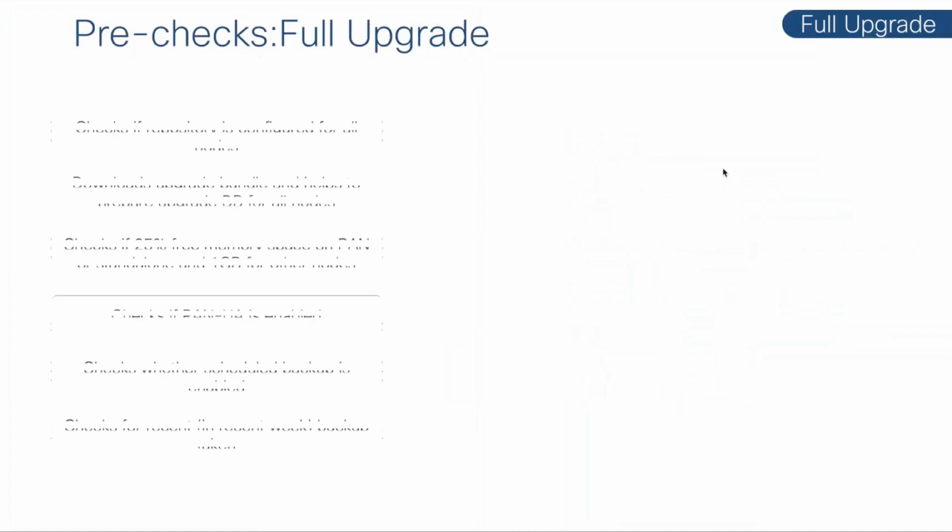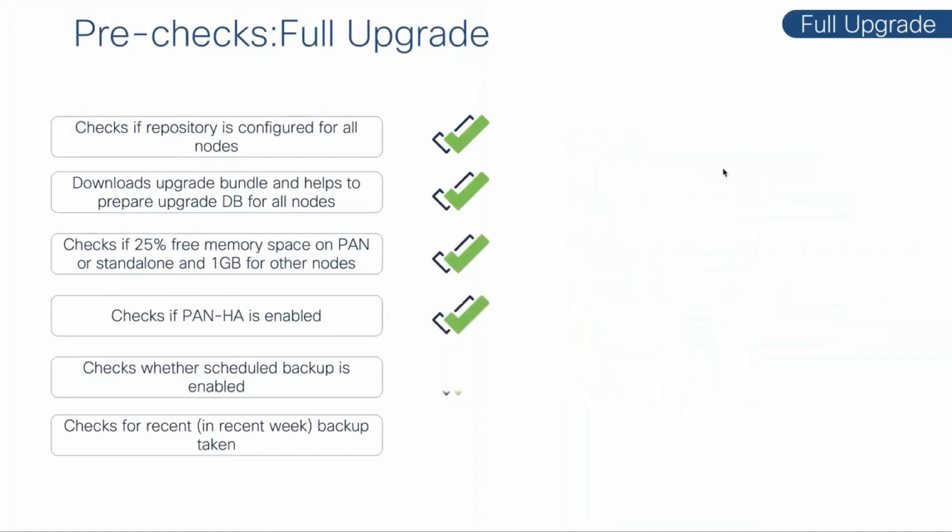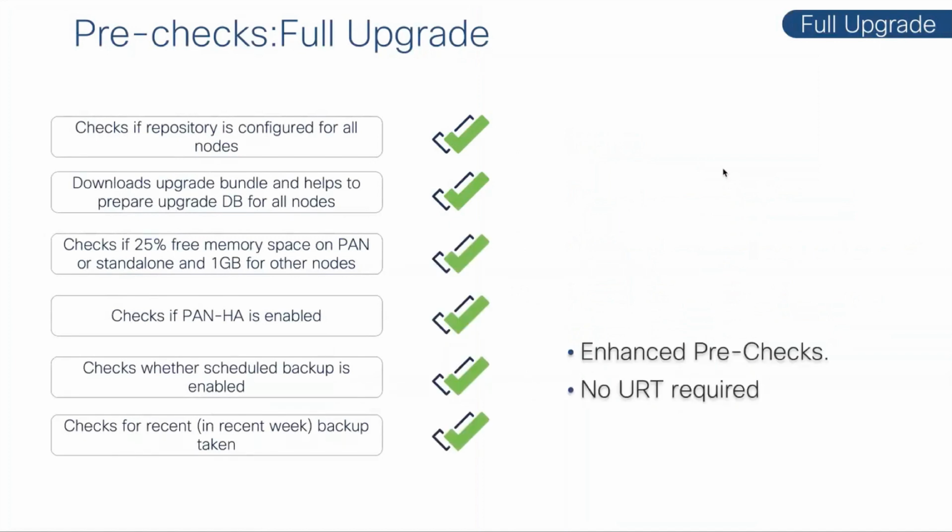Well, moving ahead, let's talk about the pre-checks available in the full upgrade. Why is it making the full upgrade process more reliable? The pre-checks available in the full upgrade process make it more reliable. It has extensive, enhanced pre-checks, which spare you from running the upgrade readiness tool.